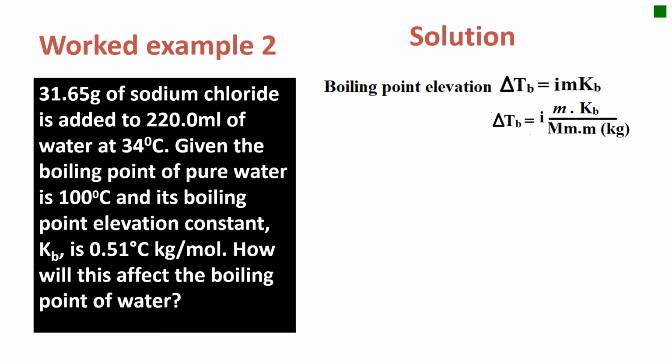If we use the formula for finding molarity, molarity is found by taking the number of moles of the solute divided by the mass of the solvent in kilogram. But the number of moles is also equal to the mass of the solute divided by the molar mass.